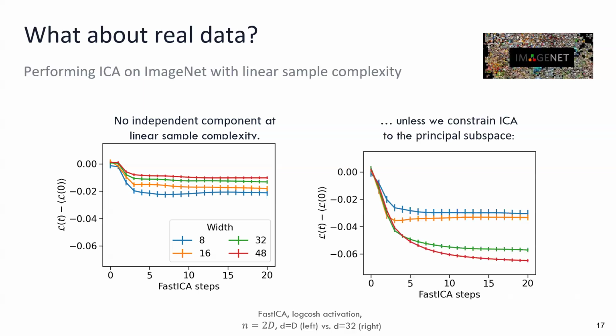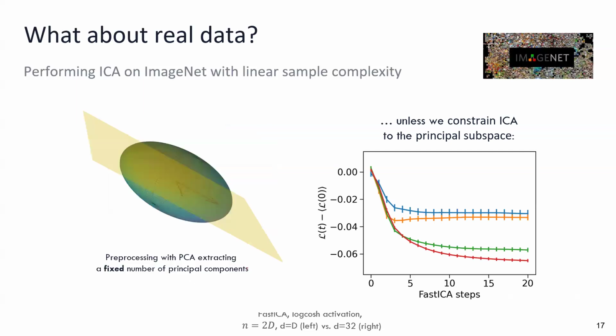It's possible instead to speed it up only if you do a trick of projecting over PCA components. So this is a very common algorithm in data processing. You get your data and you just take the directions that maximize the variance of your data, which should be the most significant, and you project down on those and keep only those and forget about everything else. The kind of surprise here is that we keep just a fixed number of principal components.